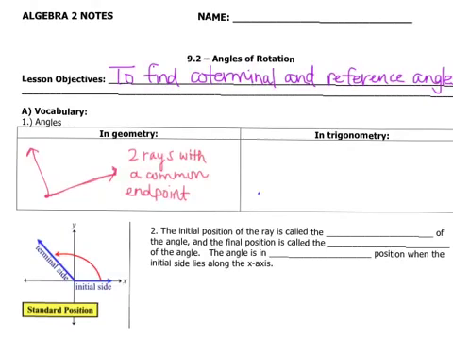What we define an angle to be in trig, we do have a ray still. We still have that ray, but what the angle is, is an angle of rotation. So we're taking that ray and we are rotating it around that endpoint. So here's the rotation. And then where that ray ends up after the rotation is the other part of your angle.